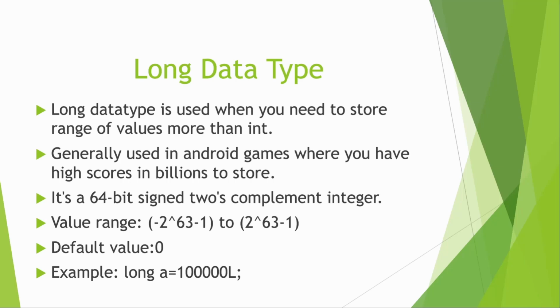So it is used when the range of values is more than integer, and it's a 64-bit signed 2's complement integer. The formula of the range is given here, and the default value is 0, and you define it with an L, if the value ends with a capital L or a small l.